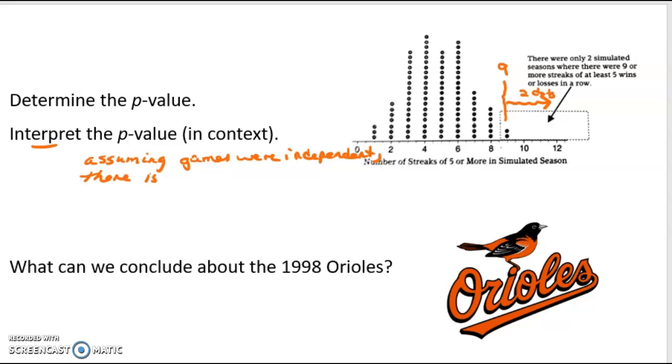There is a 2% chance of getting whatever the test statistic was, 9 streaks of 5 or more. And then top it off with by random chance.